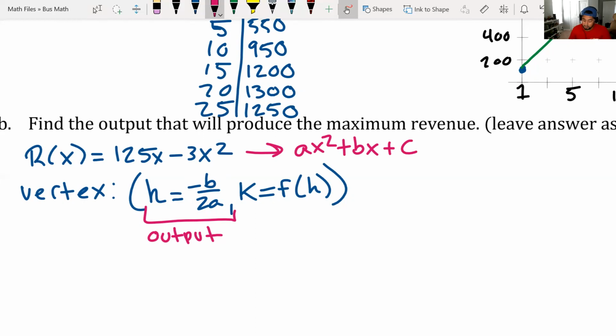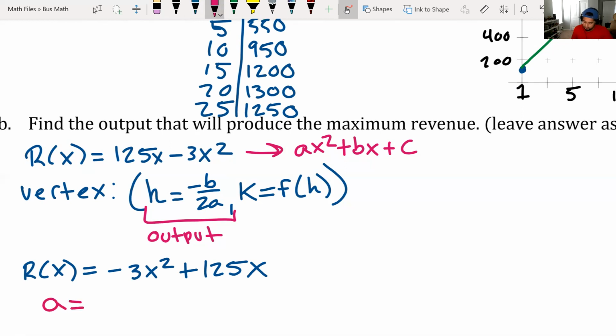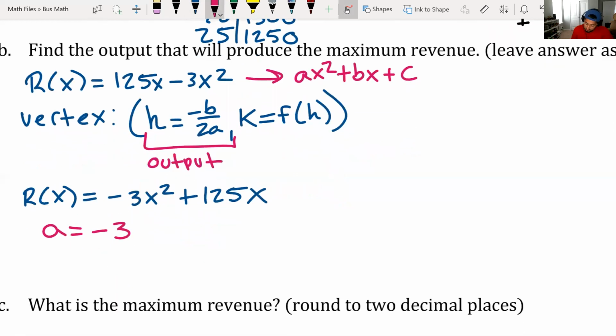So if you want to rewrite the revenue function in highest power to lowest, we can rewrite it as R of x equals negative 3x squared plus 125x, where you see that the value of A is negative 3, and the value of B is 125.